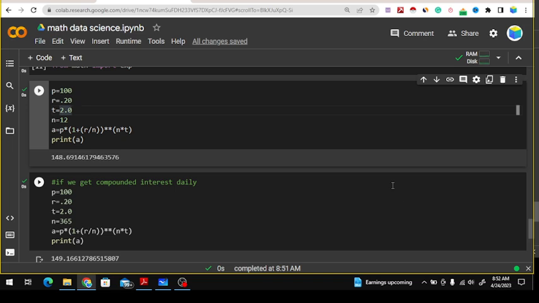If we got greedy, why not compound every hour? Then n should be changed to 8760. So it's possible to convert to every hour as well.